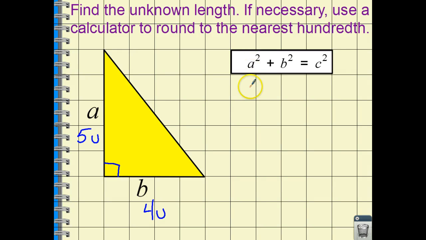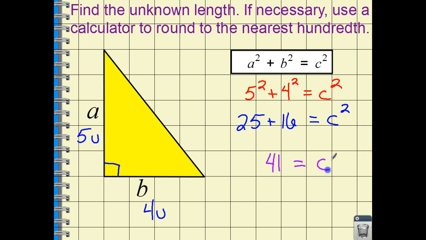All right, so a squared is 5 squared, b squared is 4 squared, and that should be equal to c squared. 25 plus 16 is equal to c squared, and 25 plus 16 is 41, so 41 is equal to c squared.